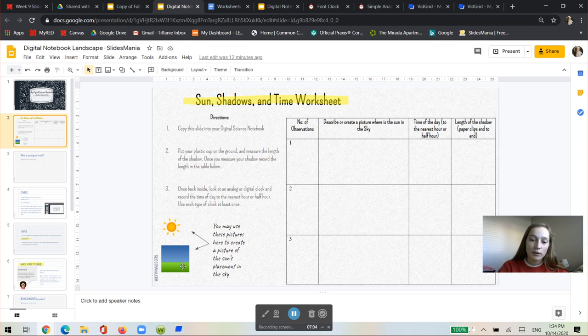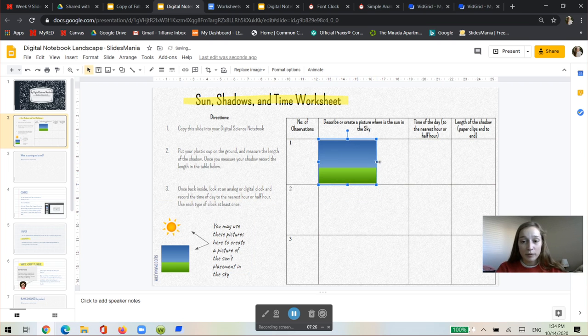They're going to do that over here with these pictures. I looked these up just inside Slides, and they can take them, drag them, and then resize them. I thought that first graders would be able to do this. Maybe I'm overthinking it or giving them too much credit, but I definitely think this is something first graders are capable of doing.